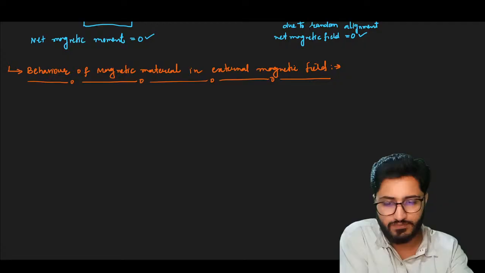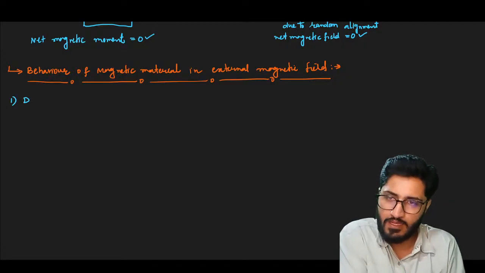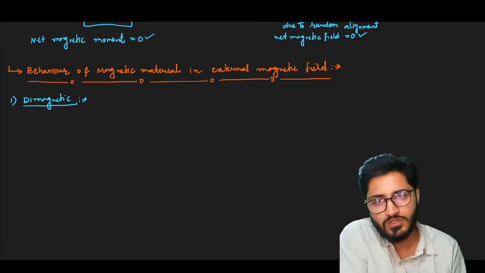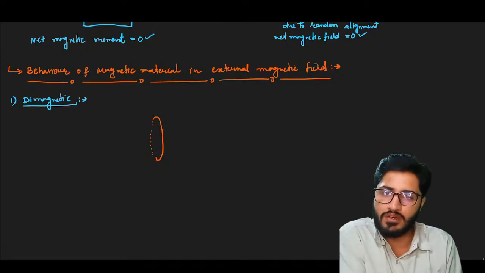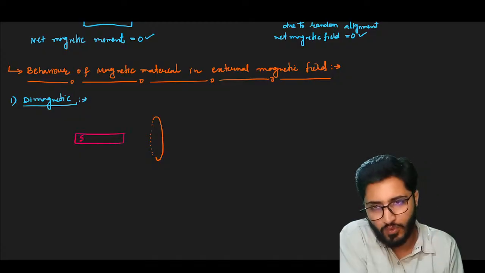Let us talk about diamagnetic first. This ring shows a material made of diamagnetic material. Here we have a magnet, with a south pole and a north pole.